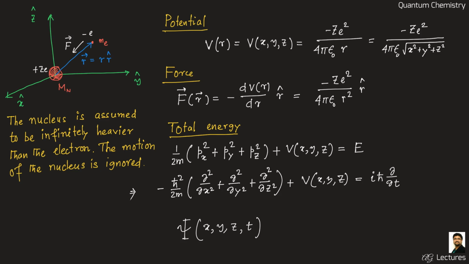We can write the space part as a function of x, y, and z, and the time part as e to the power minus iEt over h cross. We know that, right? And this space part is what we'll get out of the time independent Schrodinger equation, which I'm going to write next.